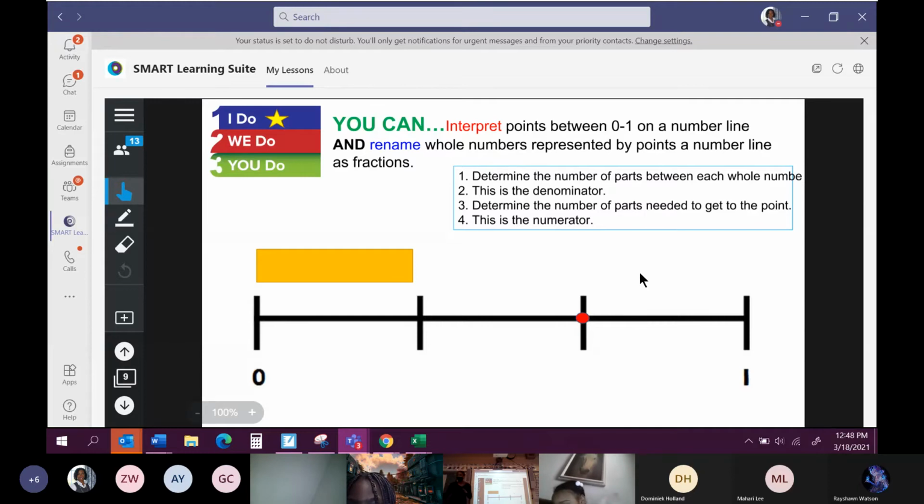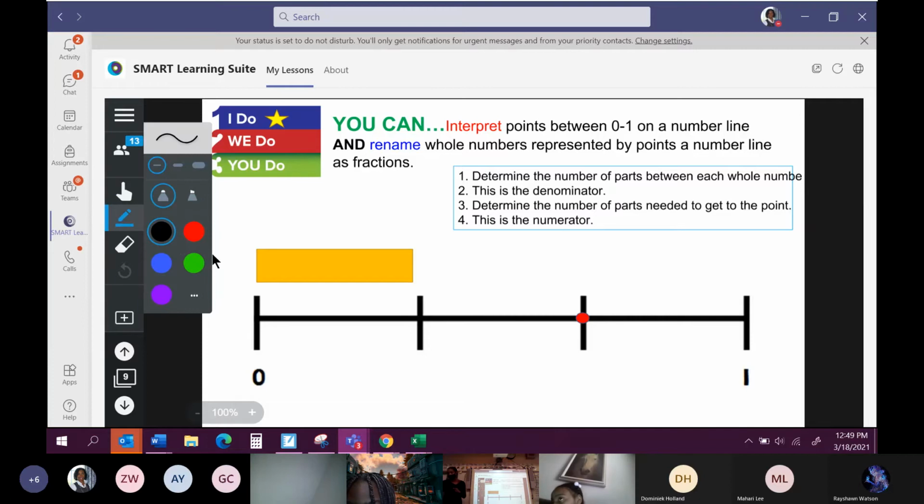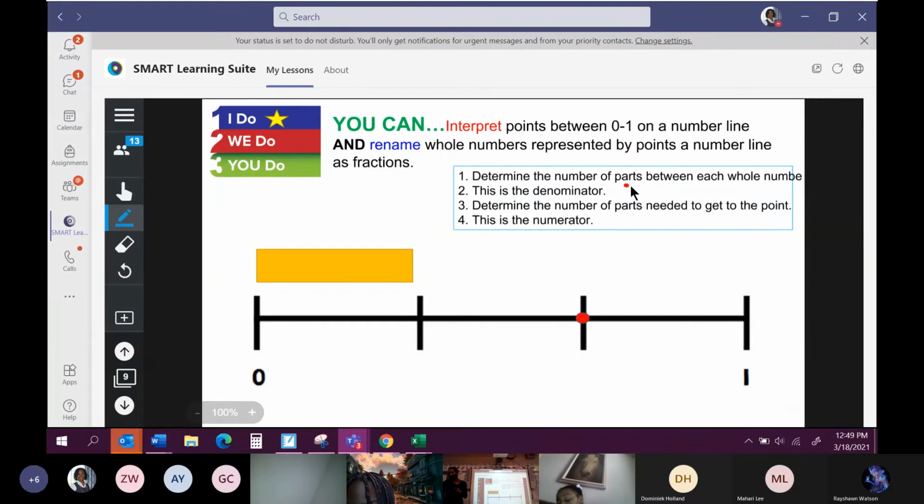So since I have discovered that number 1, that there are 3 spots on my number line, then guess what? 3 is going to be my denominator. 3 is my denominator, because my whole is being broken up into 1, 2, 3 points, 3 parts. Everybody got that? Yeah. All right.